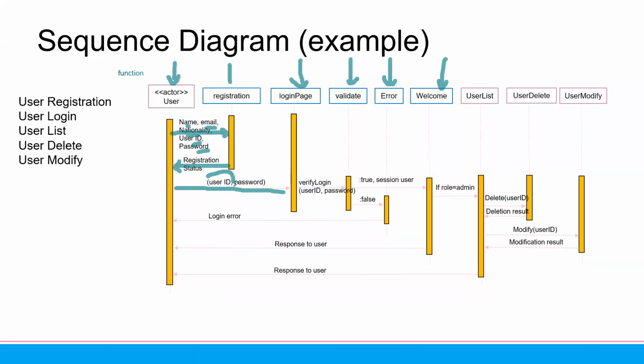The user should give the user ID and the password, and there is a validation page to verify whether the user and password are correct. If it is true, then it shows the welcome function. If it is false, then it shows the error, and this block will give a message, login error.